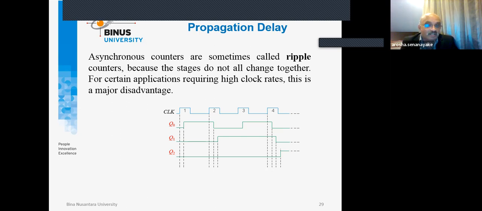When it comes to Q0, the least significant one, it most probably changes at the end of each clock pulse within the period T, 25 nanoseconds in case of 40 megahertz frequency, but Q1 is not like that.